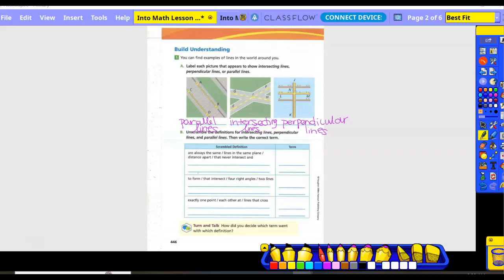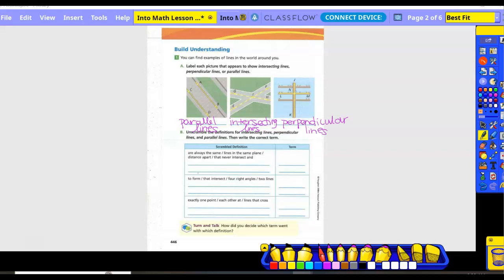Unscramble the definitions for intersecting lines, perpendicular lines, and parallel lines, then write the correct term. The scrambled words are: always the same, lines, in the same plane, distance apart, that never intersect. So what is the correct terminology for that? What should be first? Lines that never... We have to unscramble this, guys.